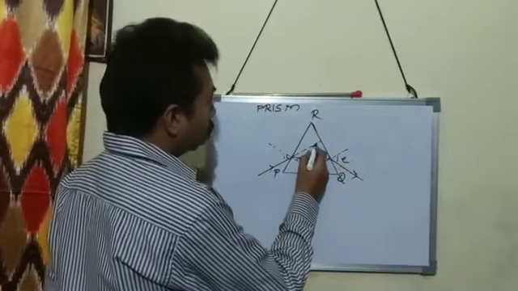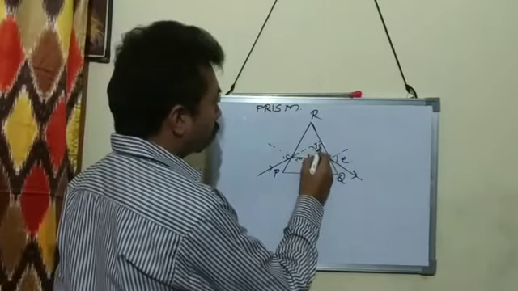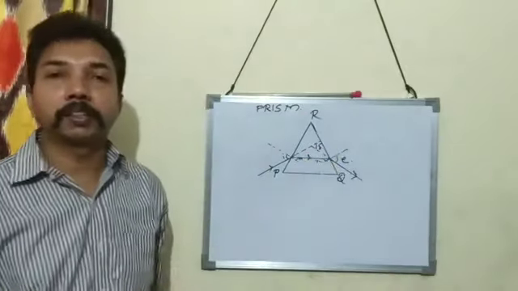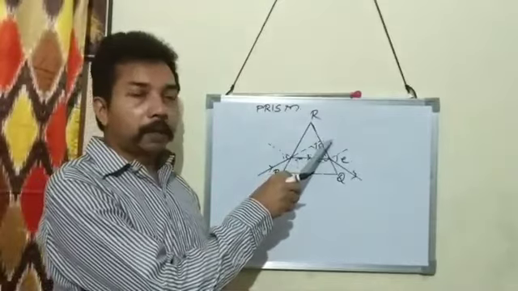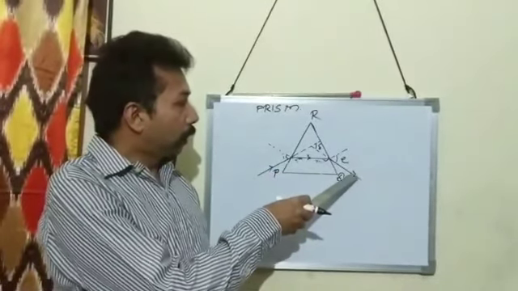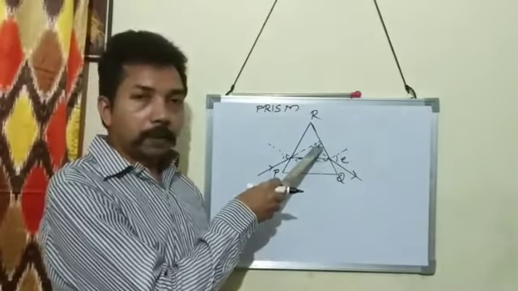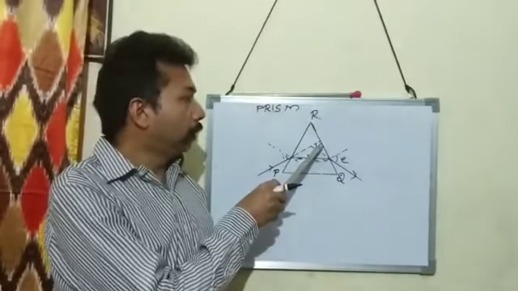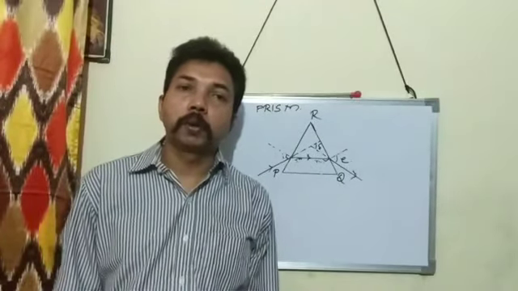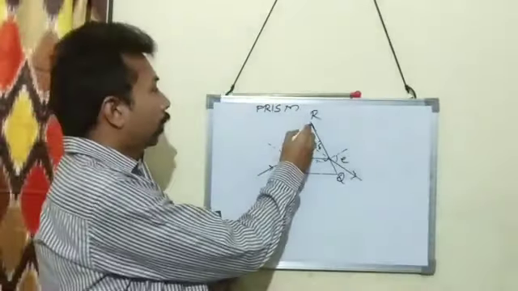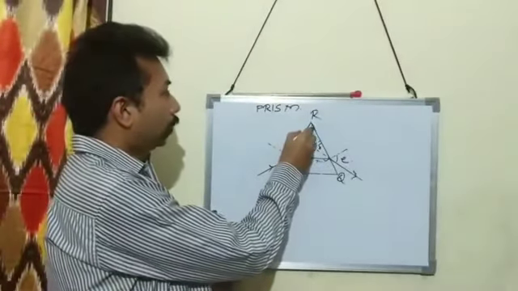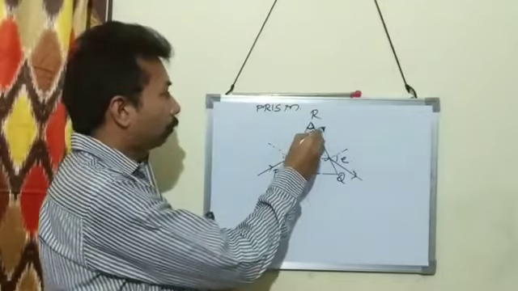Then an angle is formed between them, which is called the angle of deviation. And this angle is called the angle of the prism.